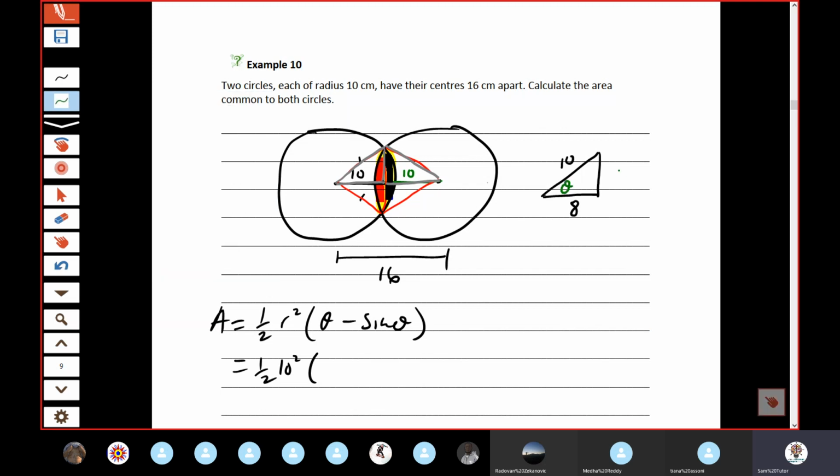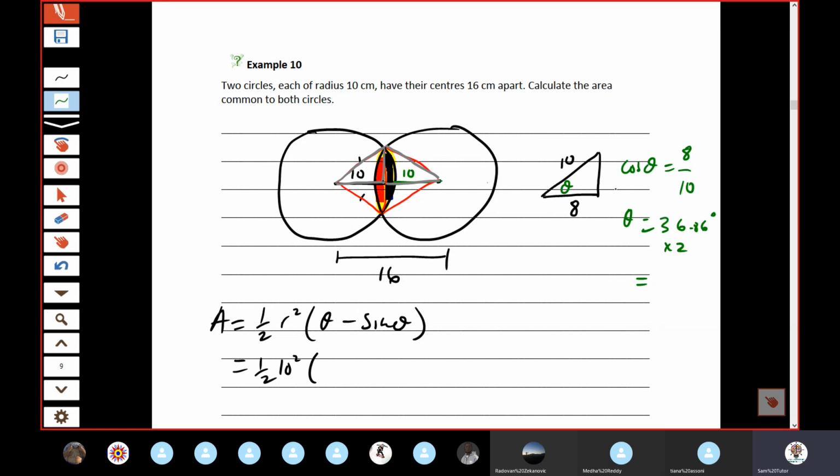So that's theta, adjacent, hypotenuse. Cos theta equals adjacent over hypotenuse, theta equals inverse cos 8 on 10, 36.86 degrees. That's theta up here, times it by 2. We'll get the whole angle that we need.